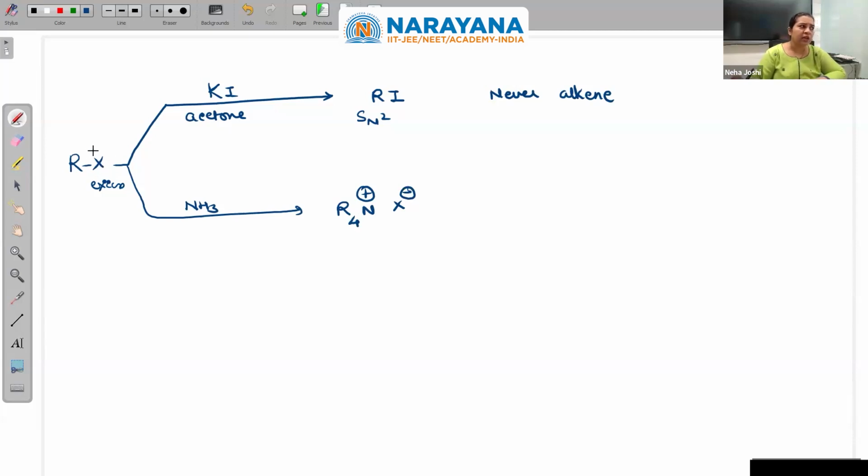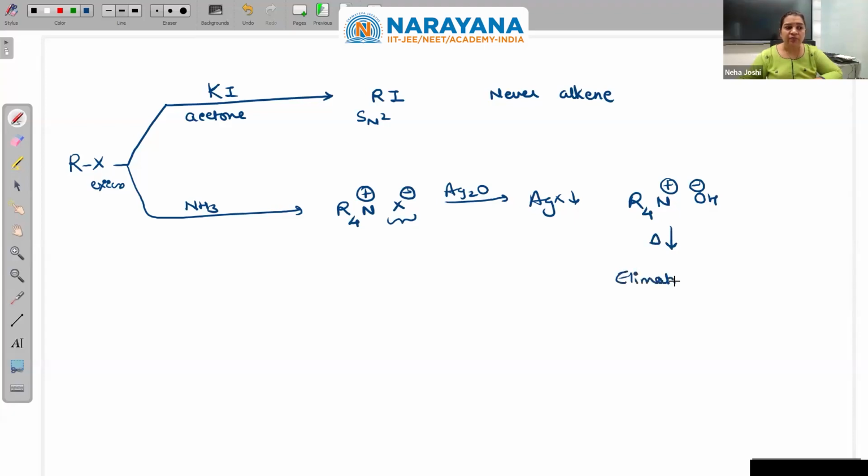Usually, if I say this X is I minus, or whatever halogen, none of the halogens is capable of causing elimination. So we treat it with Ag2O, we remove AgX, and we change to R4N plus OH minus. Do you remember which reaction I'm talking of? Now, when I heat, I get elimination.